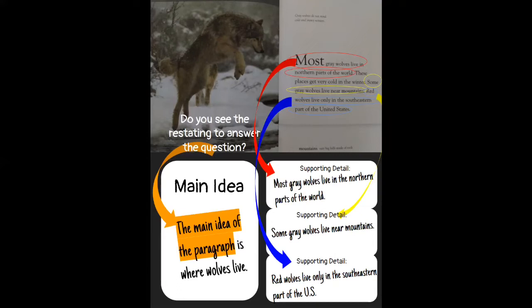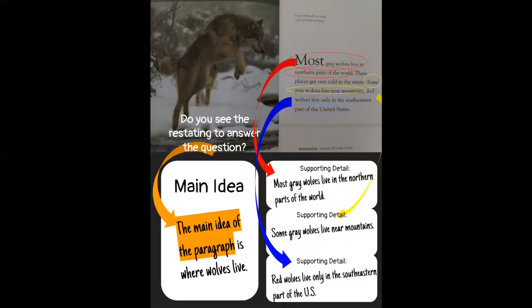Restate. Oh, look, there's a prefix. And if you haven't watched that video yet, what does re mean? It means you do it again. So you state the question again, or you state the sentence again. So let's look at the supporting details. The first one, most gray wolves live in the northern parts of the world. Yes, that's something about where wolves live. Our other supporting detail, some gray wolves live near mountains.